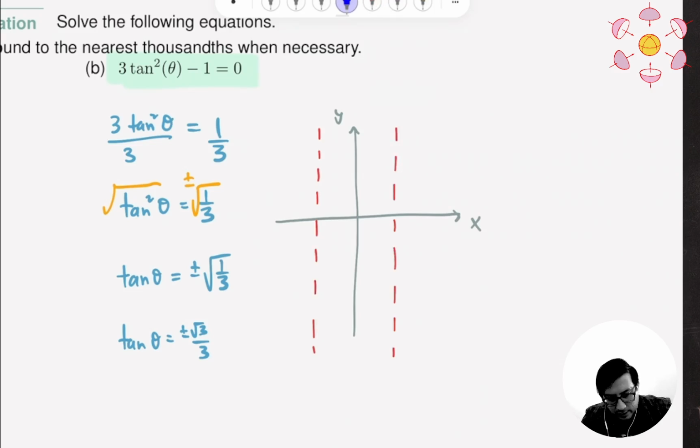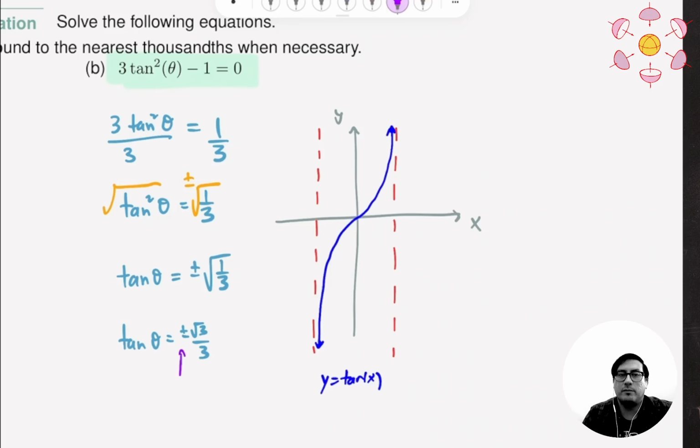Okay, so here's our tangent. So y equals tangent x in dark blue. Let's do purple. Because we do want both plus and minus, we're going to have two lines.